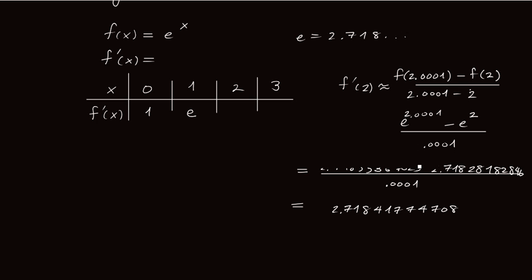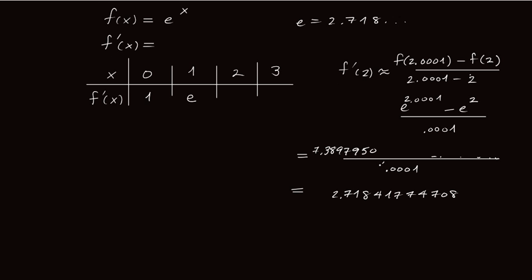I plug these into my calculator, and what I get is that e to the 2.0001 is approximately 7.38979950449, and e squared is 7.38905609893.